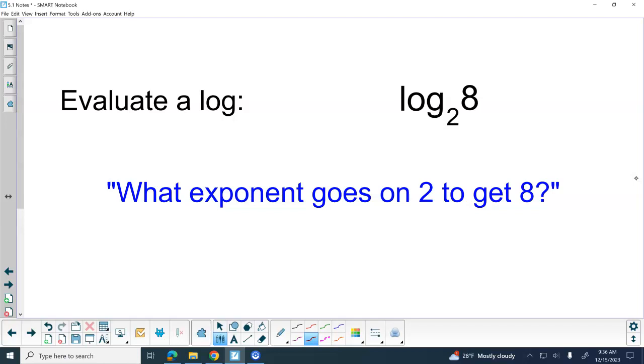I'm asking myself, what exponent do I need to put onto 2 to get 8? 3, right? 2 times 2 is 4. Times 2 more is 8. So this would actually be 3. Logs find exponents.